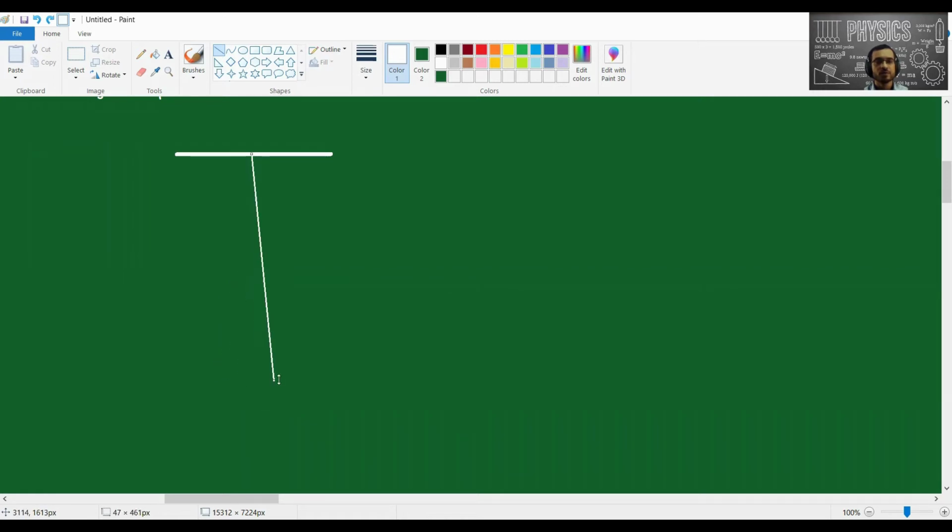So what we do, we start the stopwatch and release the pendulum from here. It will start doing oscillations, and we will keep a count of oscillations it has done. One, two, and so on. Suppose this has done 15, 16, 17, 18, 19, 20. We will stop the stopwatch from here.